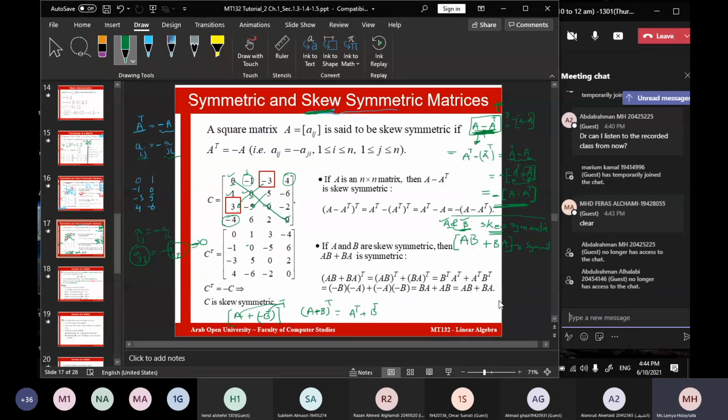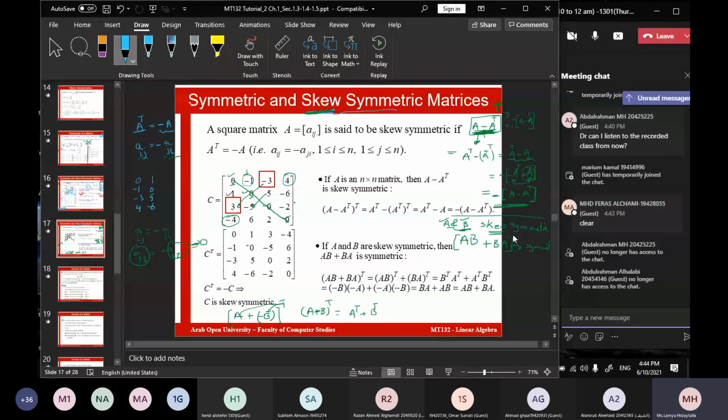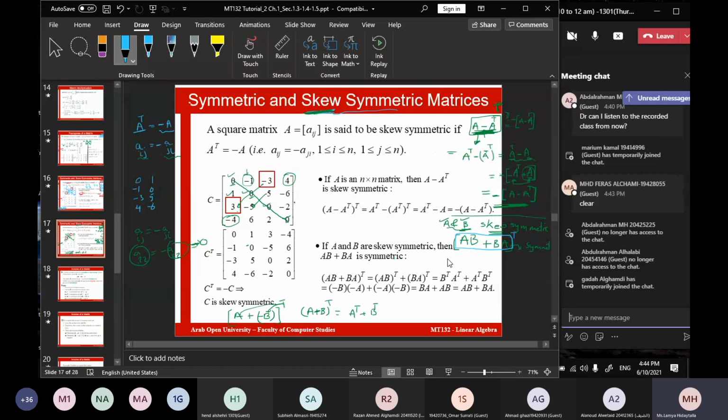Let's examine that. How do we prove this? We find the transpose of this matrix and we check what is the resultant matrix. So the transpose of this is equal to AB, the whole transpose, plus BA, the whole transpose, correct?